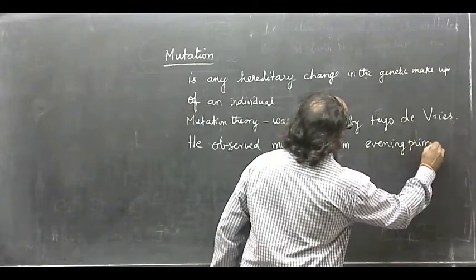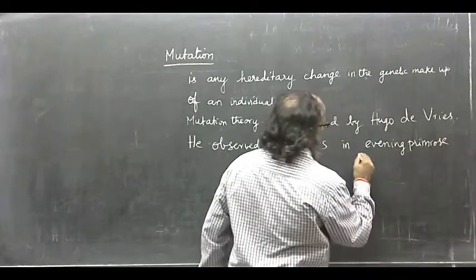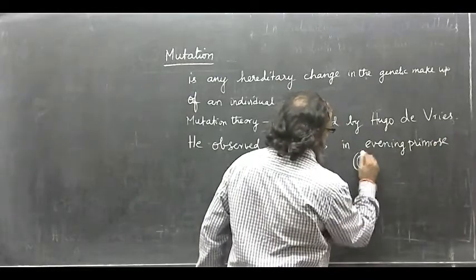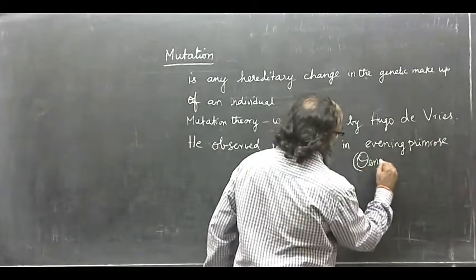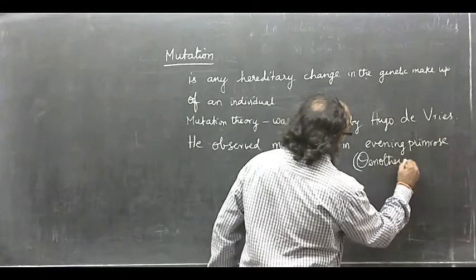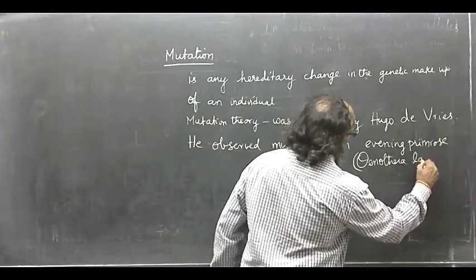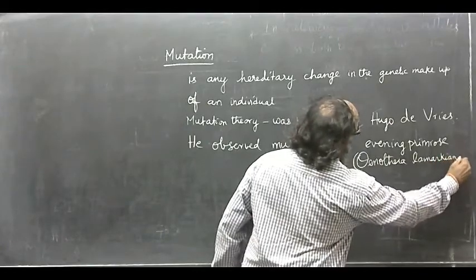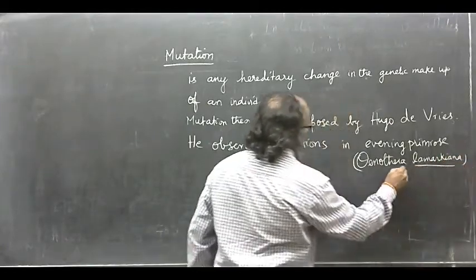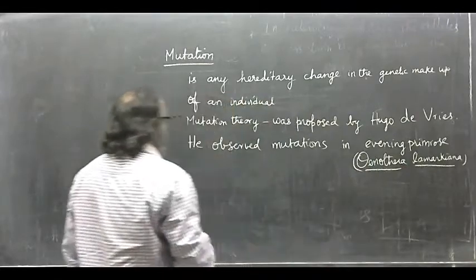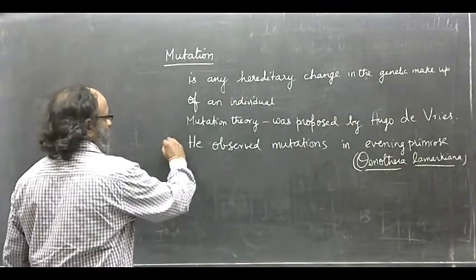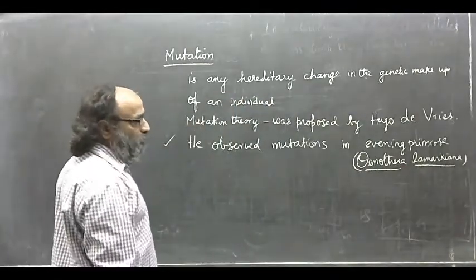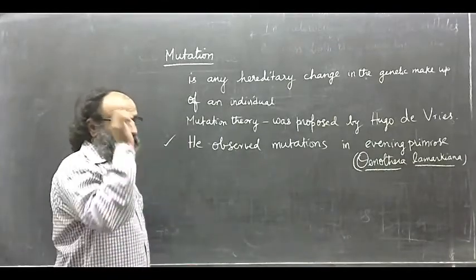Its scientific name is Oenothera lamarckiana, the scientific name of evening primrose. So, De Vries observed mutations in evening primrose, Oenothera lamarckiana.